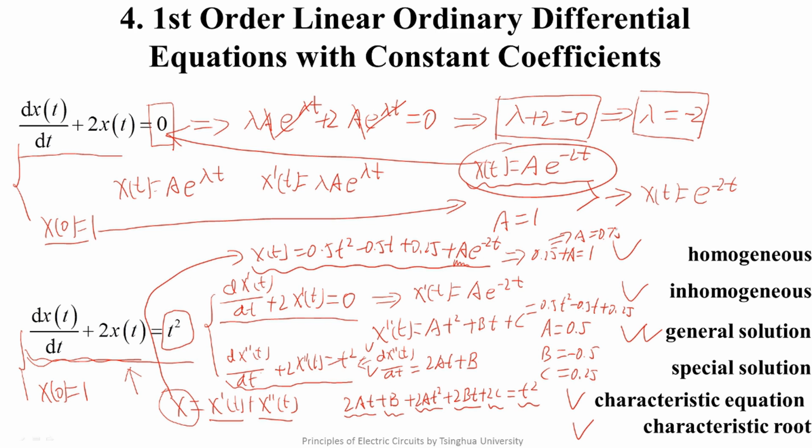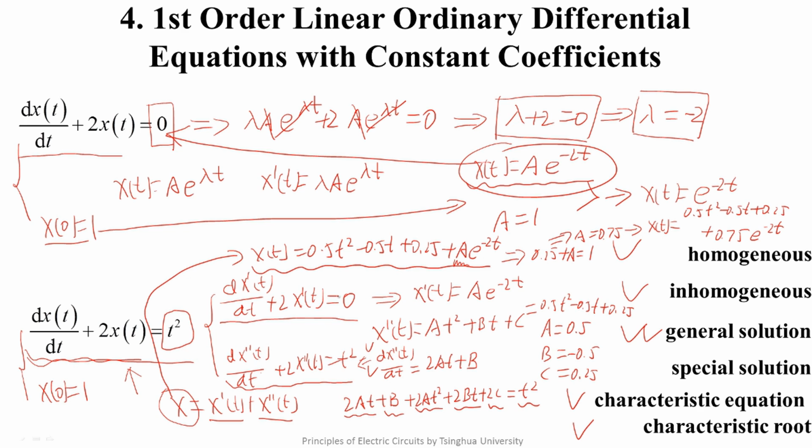Thus, we get the final expression of x(t). So the solving of the inhomogeneous ordinary differential equation with constant coefficients is completed.